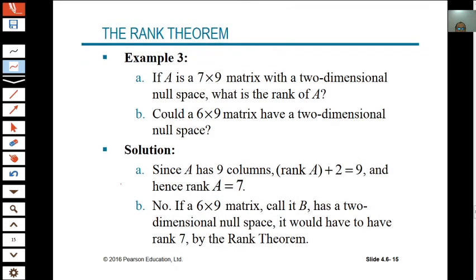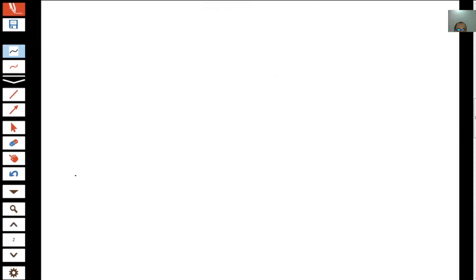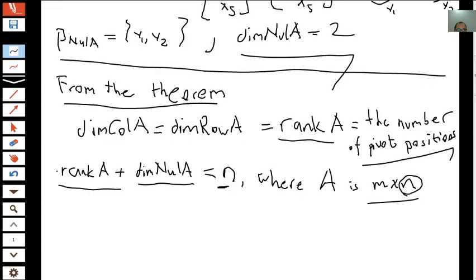For example, if A is a 7 by 9 matrix with two-dimensional null space. Example 1: A is a 7 by 9 matrix, and we know the dimension of the null space of this matrix is 2.